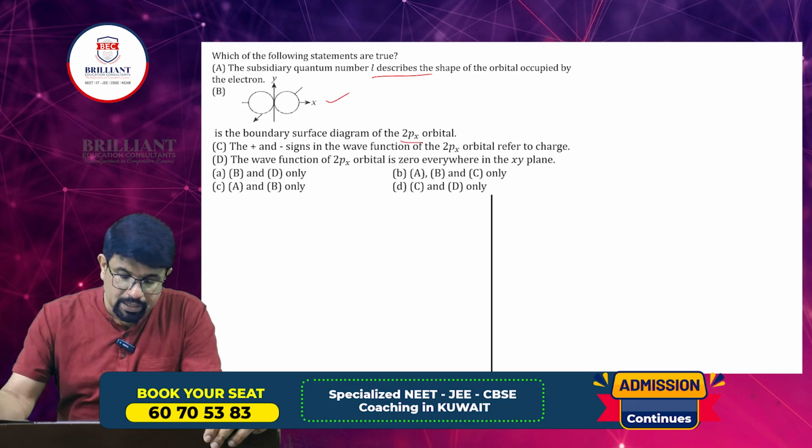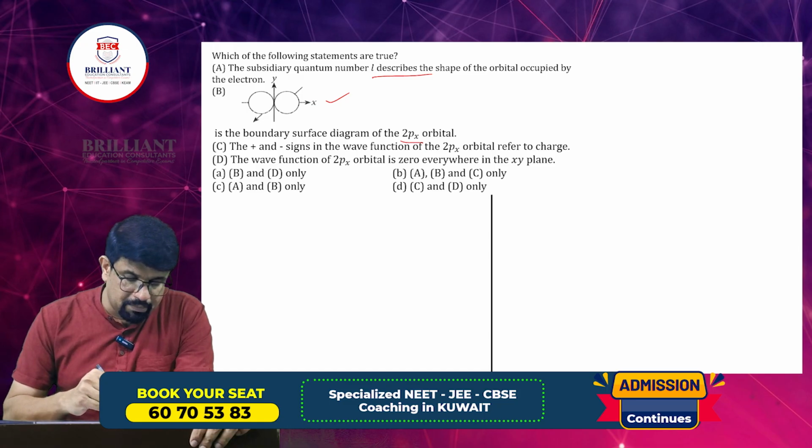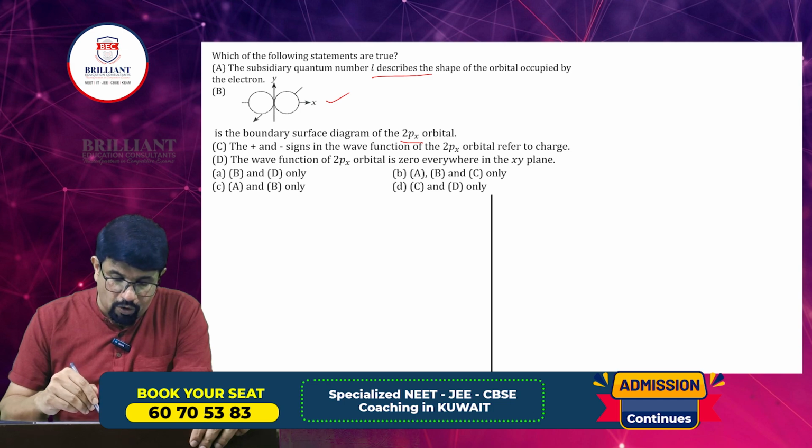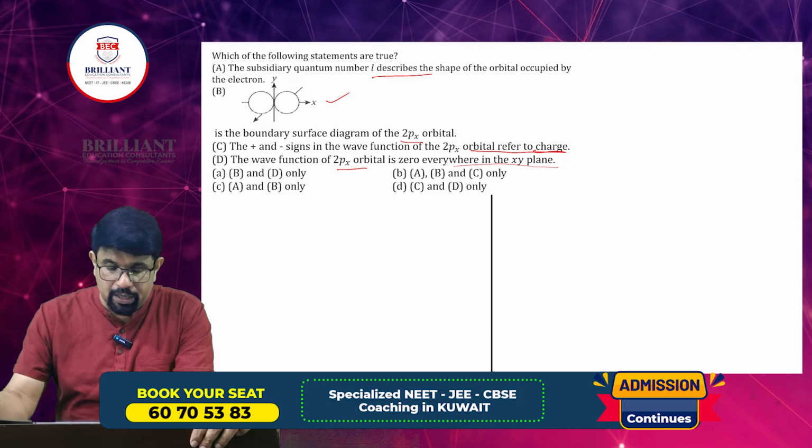Then C, the plus and minus sign in the wave function of the 2px orbital refer to charge. And D, the wave function of the 2px orbital is 0 everywhere in the xy plane.